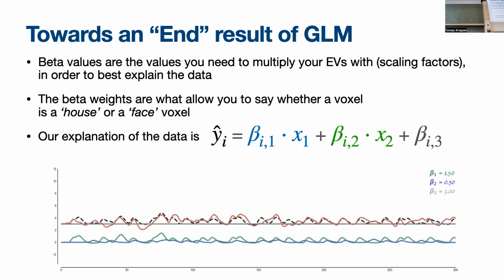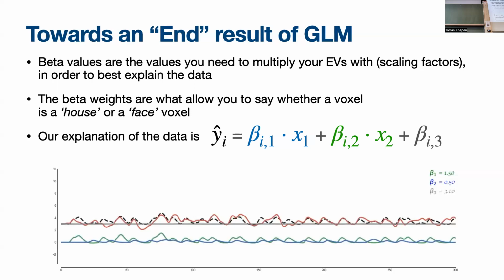Okay. Any questions about this? So which voxels do you use to make this prediction? Excellent question. None. This is a good question because there is a conceptual Berlin Wall between the part of the analysis that uses data and the part of the analysis that produces the models.